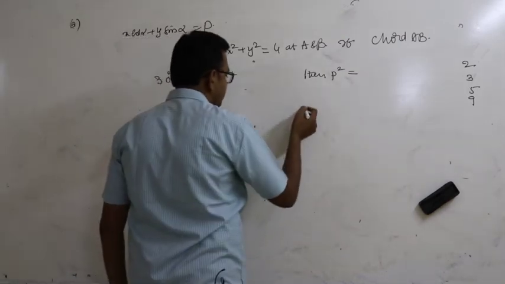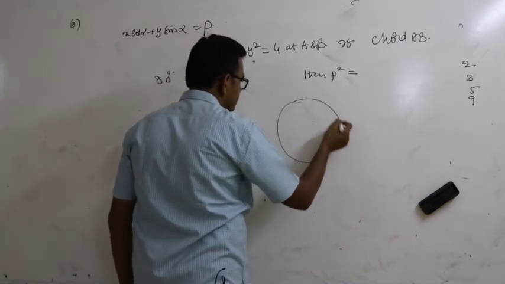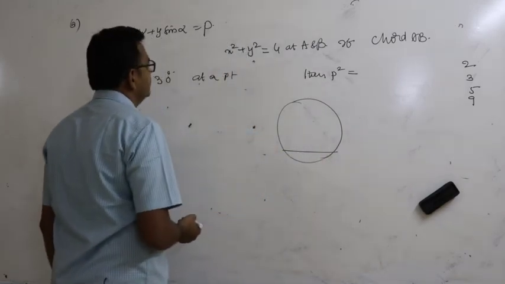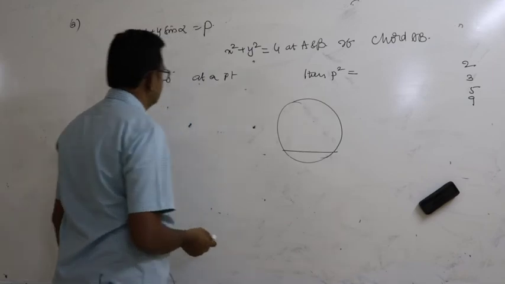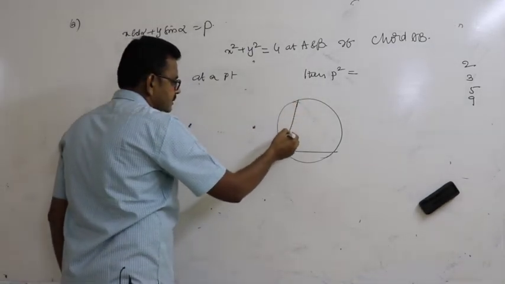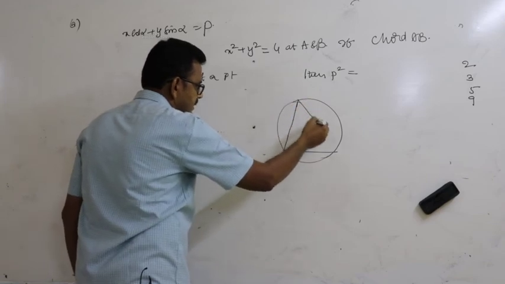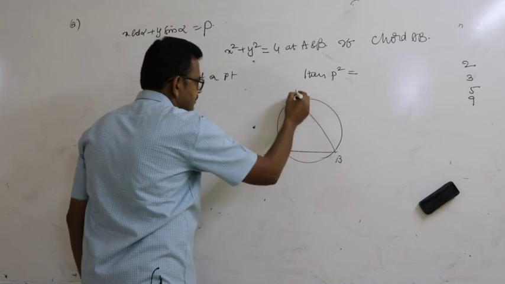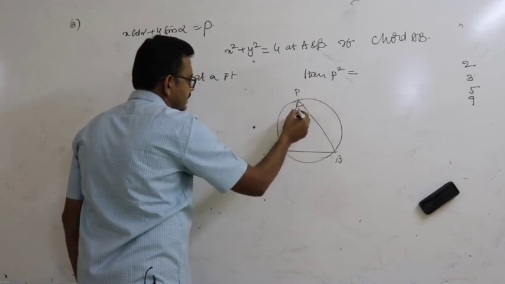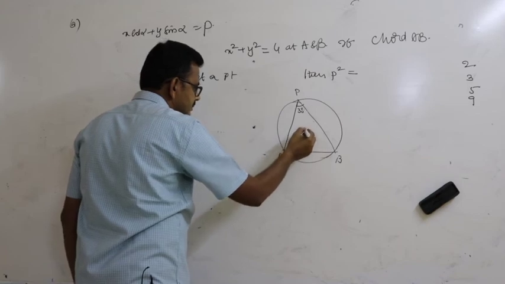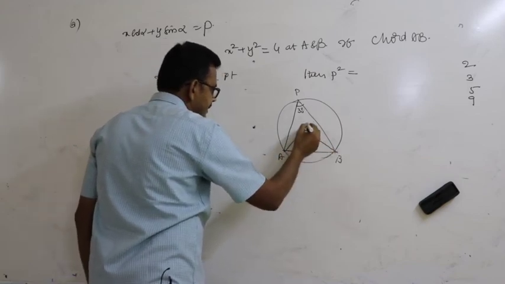X cos alpha plus y sin alpha equal to p. The chord makes an angle 30 degrees at the circumference of the circle. So this is A, B, this point is P. Makes an angle 30 degrees implies it makes an angle 60 degrees at the center.